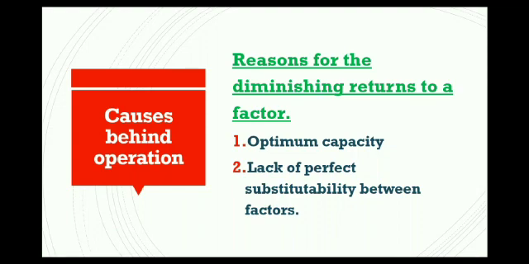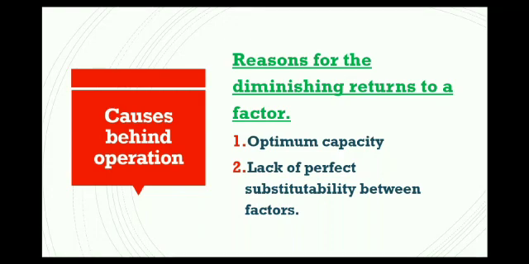When the optimum combination of fixed and variable factors is reached, then further increases in the amount of variable factors lead MP to decline. It is because the fixed factor now becomes inadequate relative to the quantity of the variable factor.